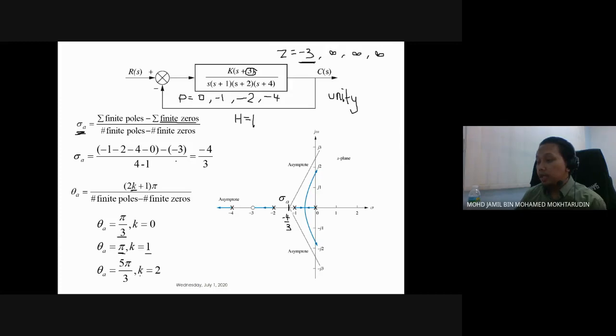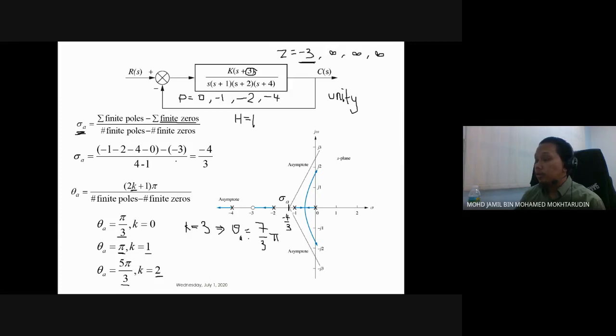And then you assume k equals 2. Then you will get theta a equals 5 pi over 3. And then when you assume k equals 3, you will get theta a equals 7 over 3 pi.